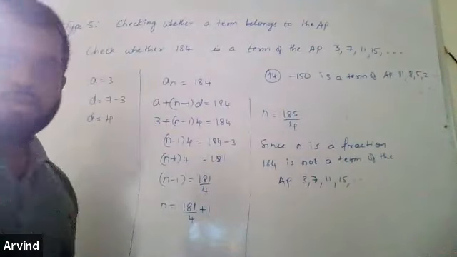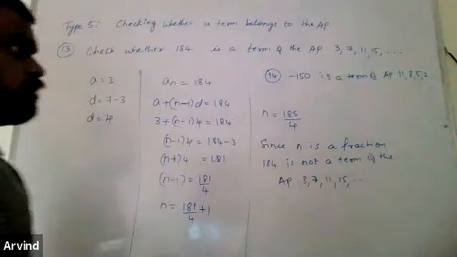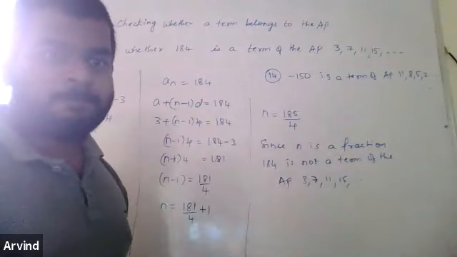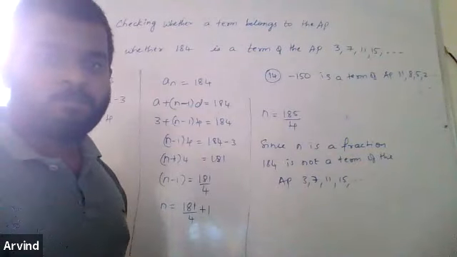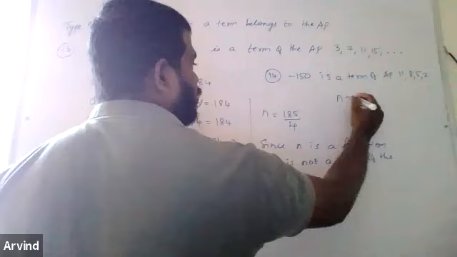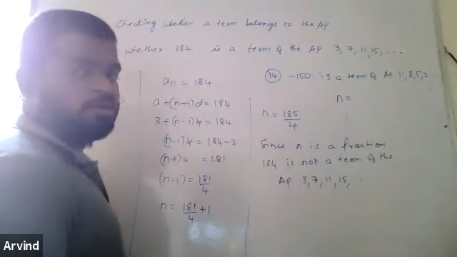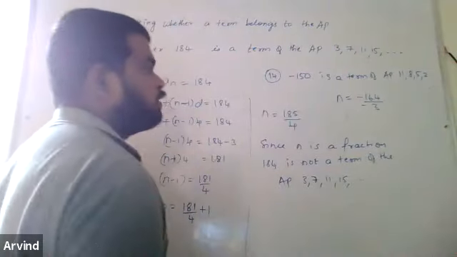Okay, does it belong to the AP? People who have done it, what was the value of n that you got? Minus 164 by minus 3. Okay, so minus minus gets cancelled.